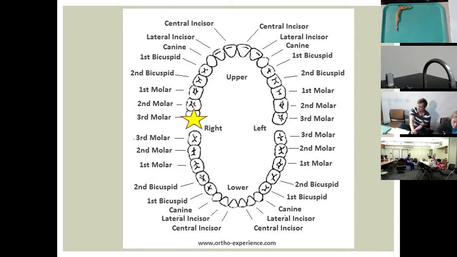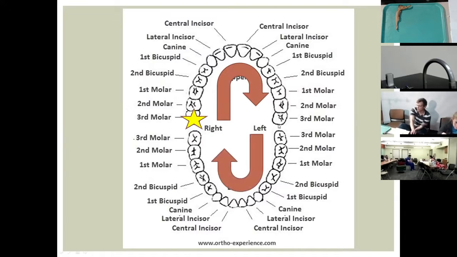Again, I described it as a clockwise circle. I want you to look back. Maybe the person you're examining doesn't have a third molar, so remember, start with the second molar, but you want to start on the top right of the patient, and you want to count all along the top row and then all along the bottom row. So go ahead and take a few minutes and try to count how many teeth they have, and note maybe they're missing a tooth, maybe they're missing tooth number 18 or something. So just appreciate how hard it is for dentists to count teeth.